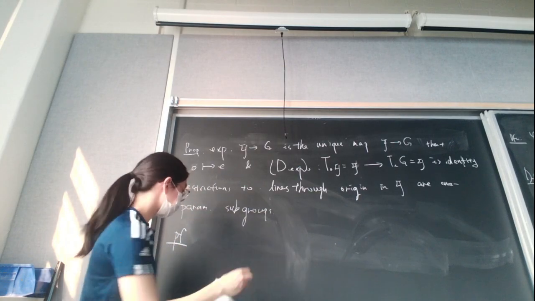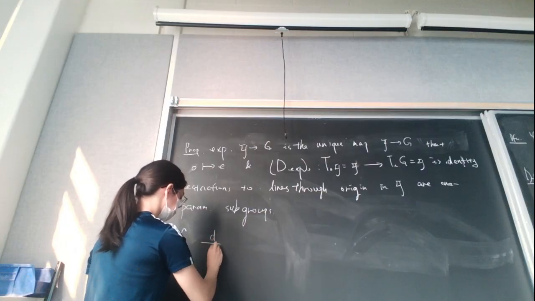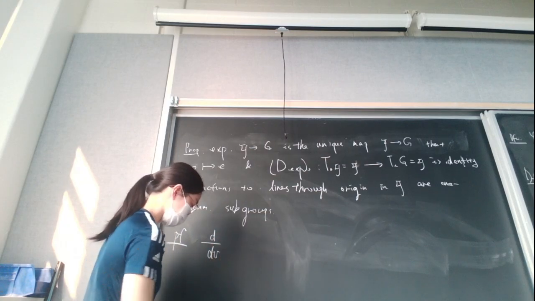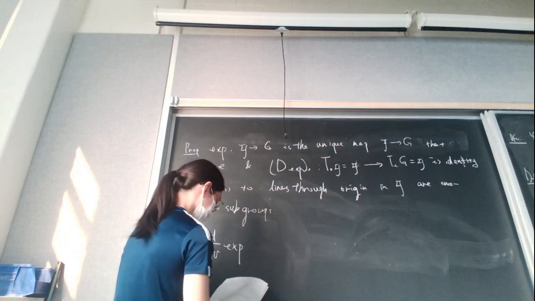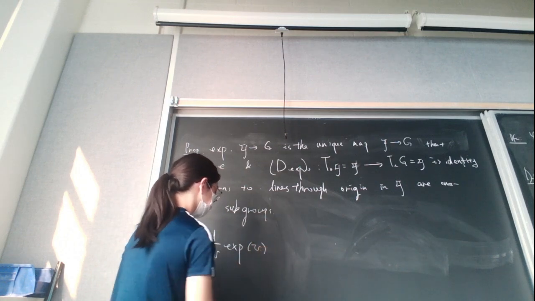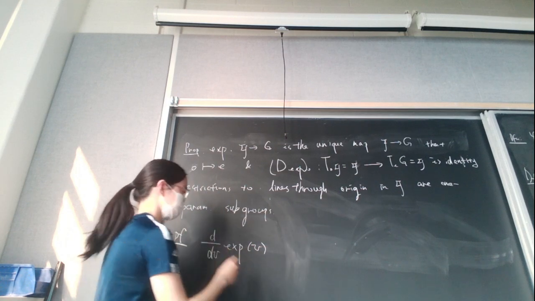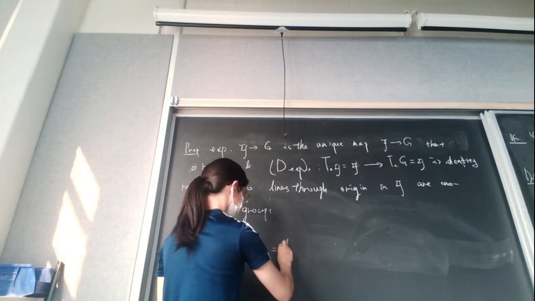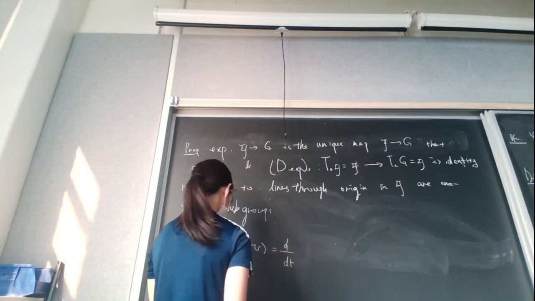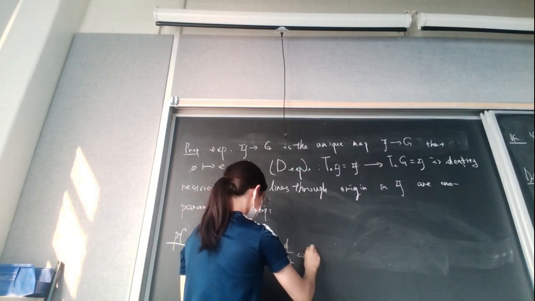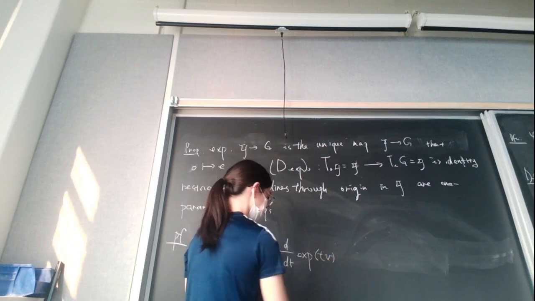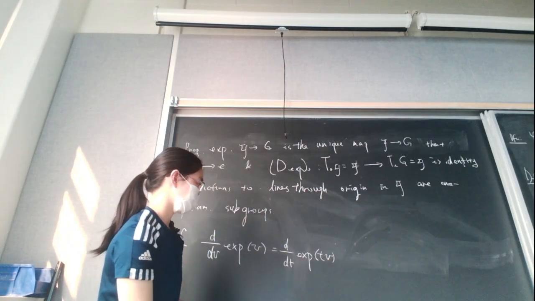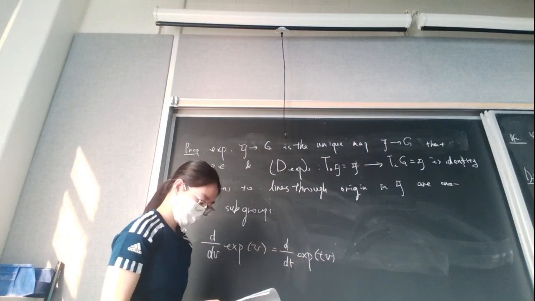Now let's look at the differential D exp applied to v. And that's just equal to d/dt of exp(tb), where this b is fixed.